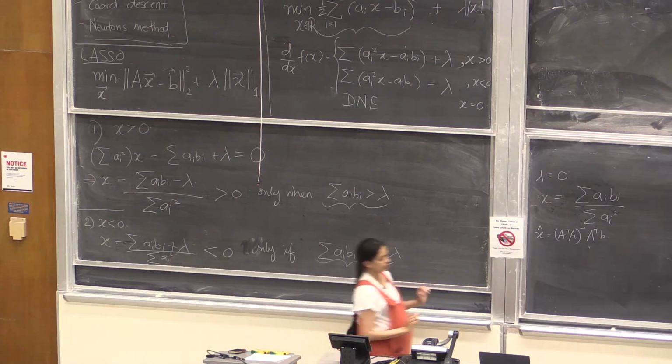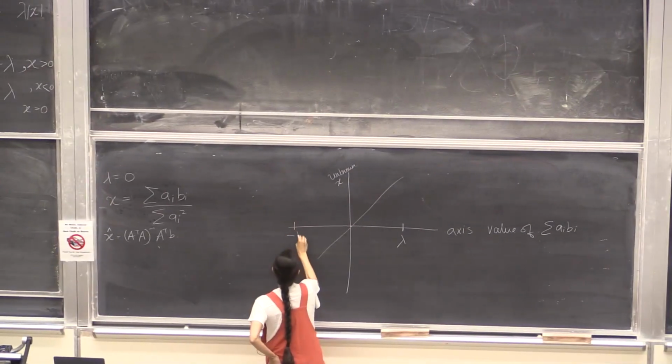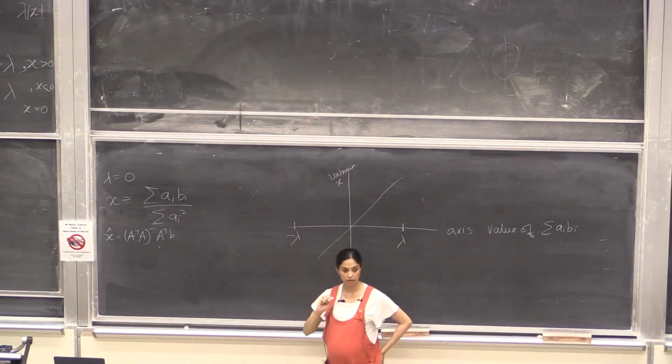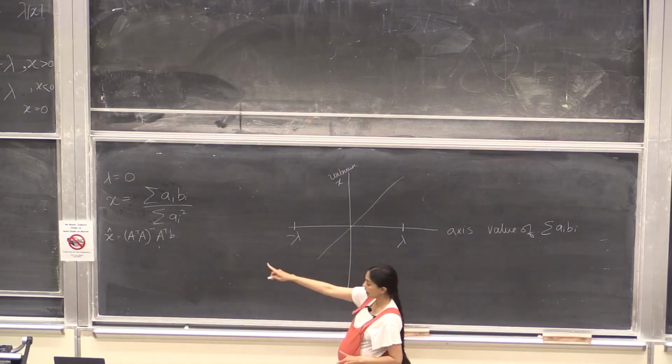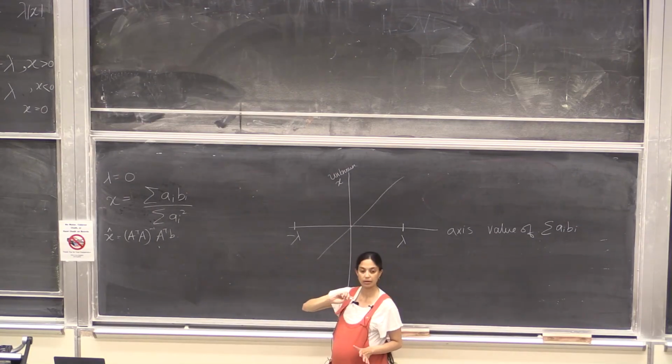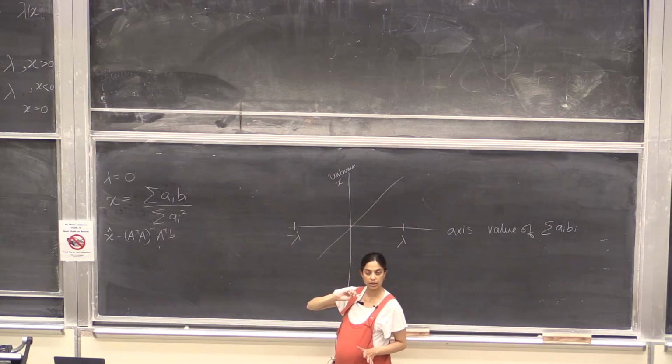So on this axis, what are the two points of interest? I have lambda and minus lambda here. And the regime when x is positive is the regime where sigma ai bi is greater than lambda.